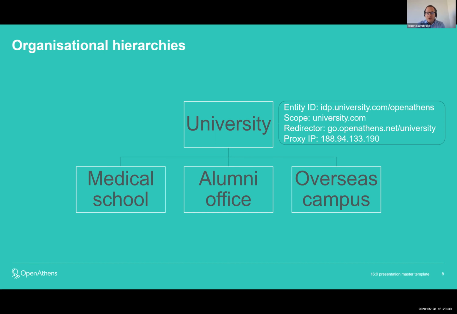Hopefully you're familiar with those terms. The university might subscribe to a resource, and then they might cascade that through to their individual offices and the overseas campus as well. And the hierarchy allows them to do that. What they also might do is not cascade that resource. So this type of hierarchy would allow them to subscribe to a resource at the university level, cascade that through to the medical school and the overseas campus, but not give the alumni office access. So they have a bit of control over that.